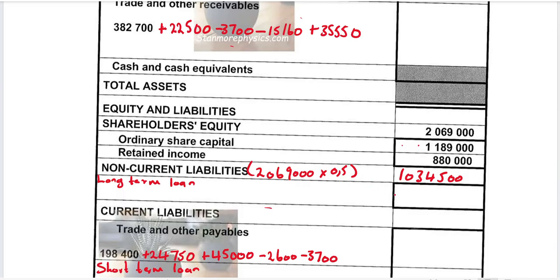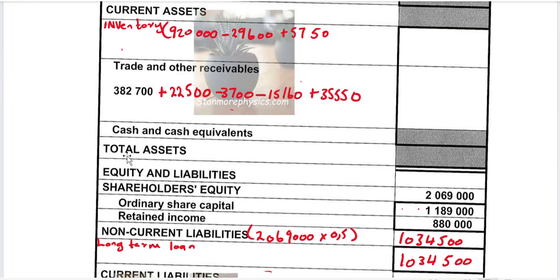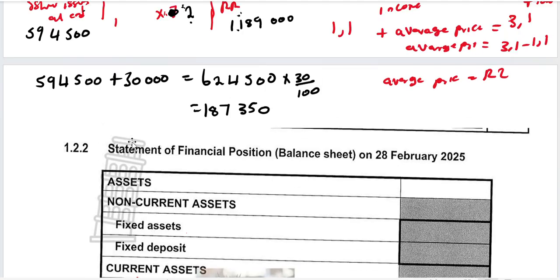You know that it is the same as our long-term loan. Why am I saying it is the same as our loan? Because if we have our loan here, we take this amount and put it here. That's why it is the same as the amount of the loan.